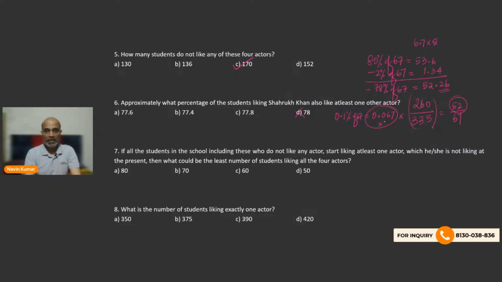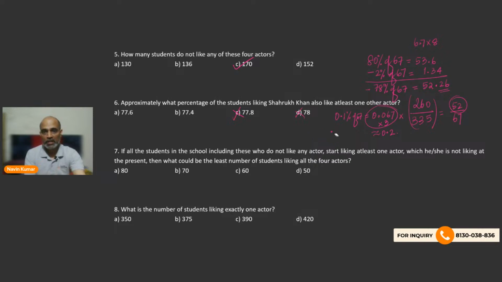So if I multiply this by 3, 0.67 into 3, what I will have is 6 into 3, 18. So this is going to be somewhere around 0.2. So basically, if I subtract 0.3%, as in if I'm at 77.7%, this will not be good enough, right? So answer is not 77.8.